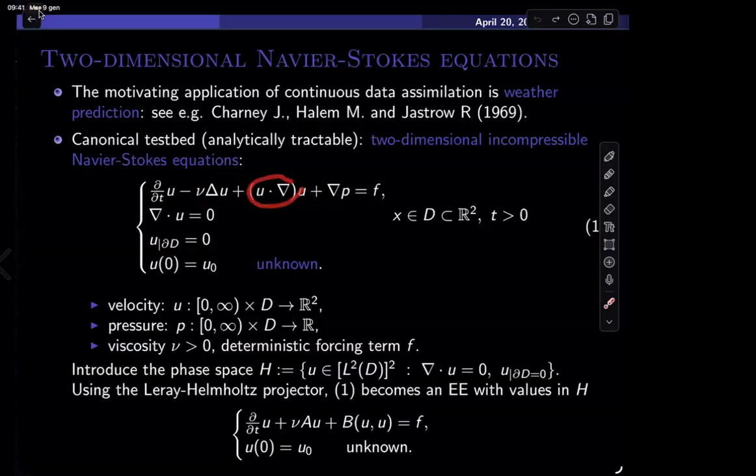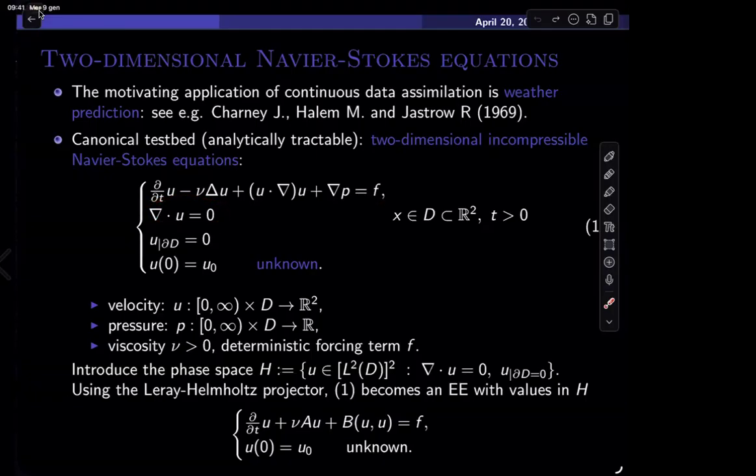Here you have the transport term, p is the pressure, and you also consider a deterministic forcing term, f. In their paper, the authors consider a time-dependent forcing term. Here, for simplicity, I will just consider a time-independent forcing term. And we consider this equation under the incompressibility condition.